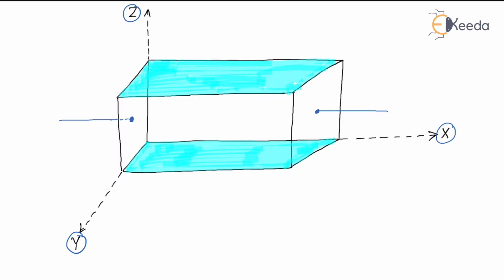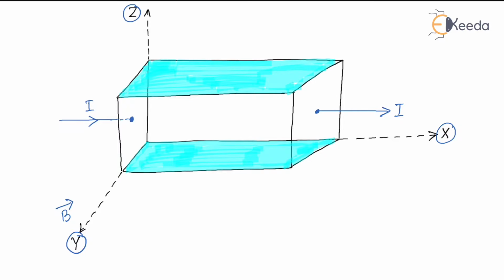As we said earlier, the current I is flowing in the positive x axis direction, and there is an applied transverse magnetic field in the positive y direction.